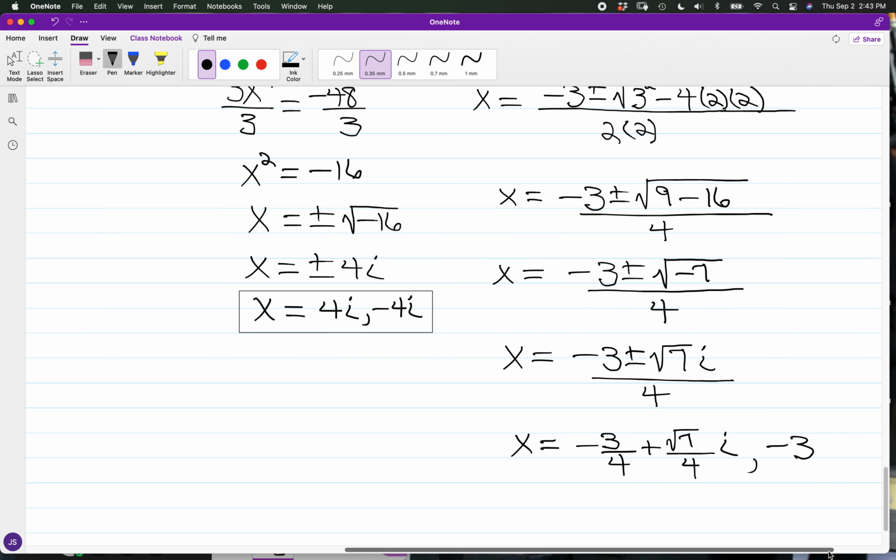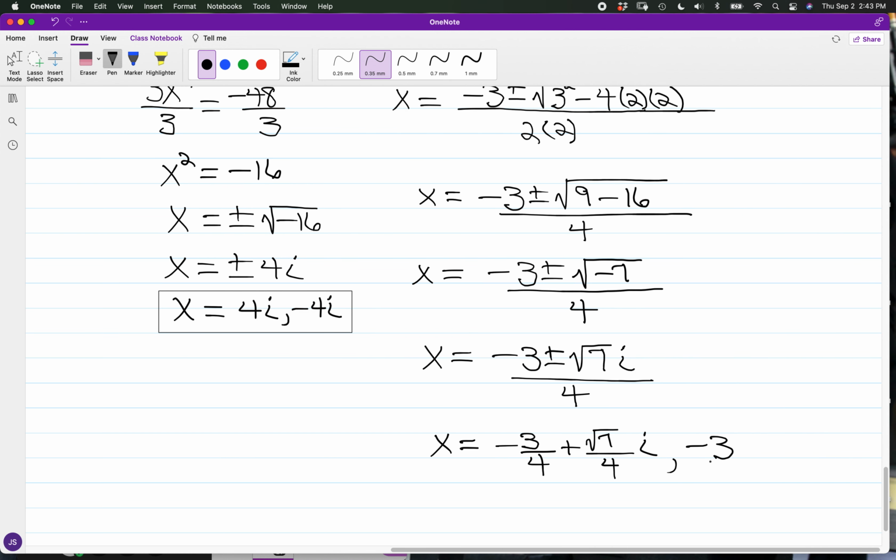The other one, negative 3 minus the square root of 7 i all over 4, translates to negative 3/4 minus the square root of 7 over 4 times i.